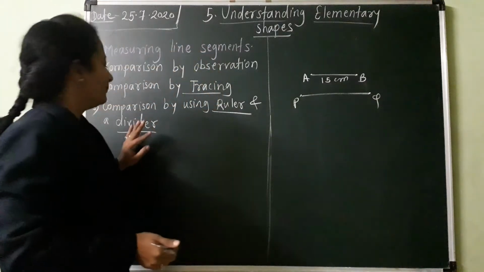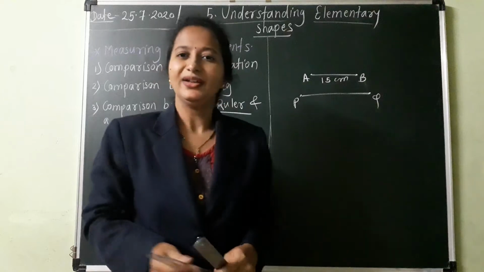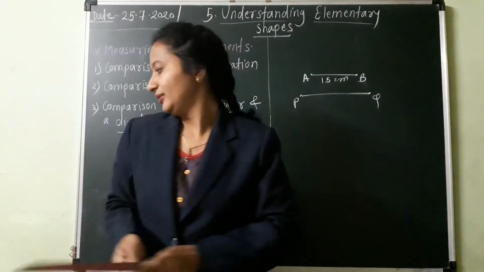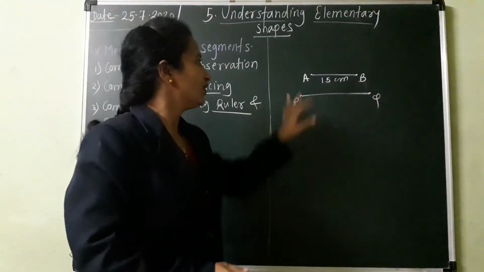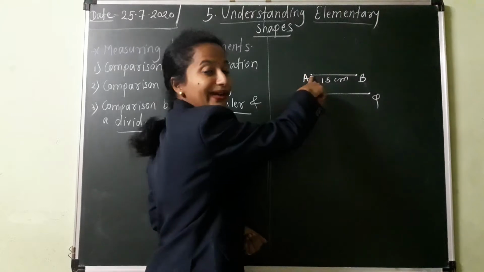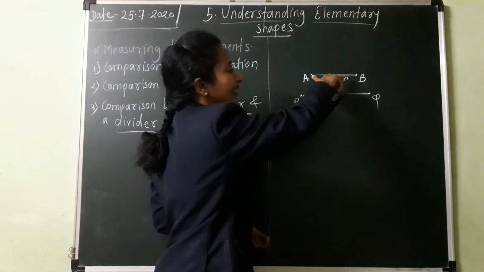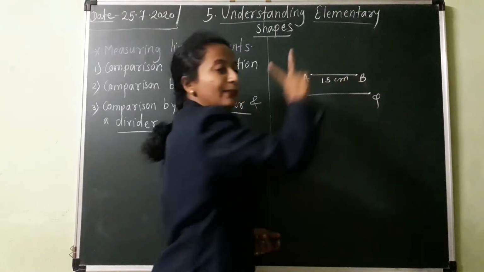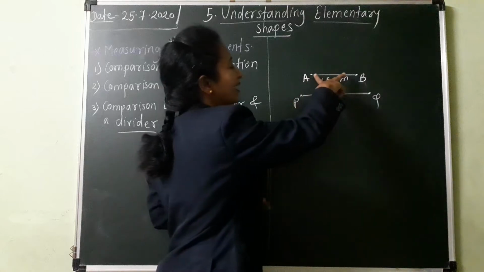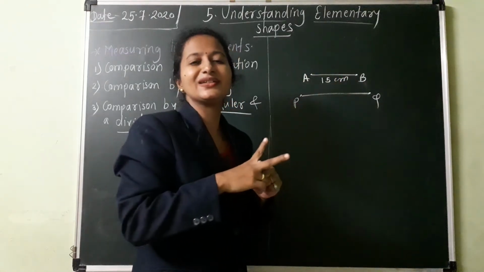Now, how can you measure a line segment using a divider? See, a divider has two pointed ends. You put one pointed end on point A and the other pointed end on point B. Take care that while putting the two points of the divider, the distance should be fixed.